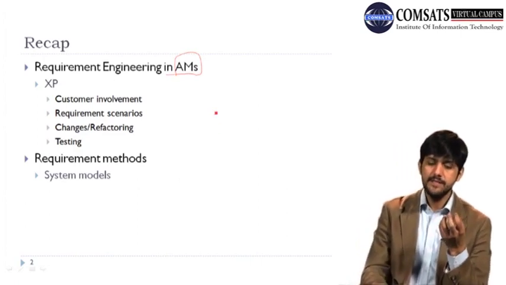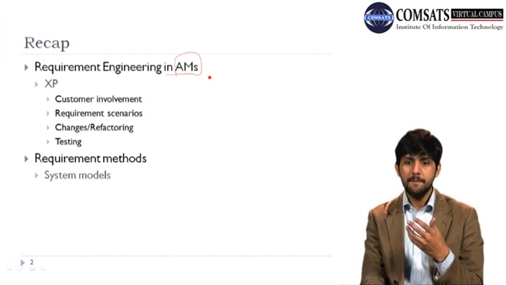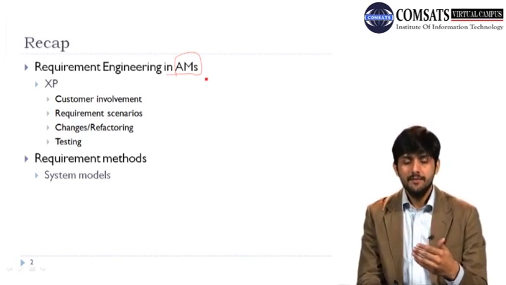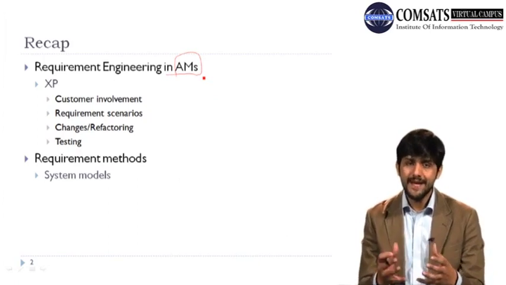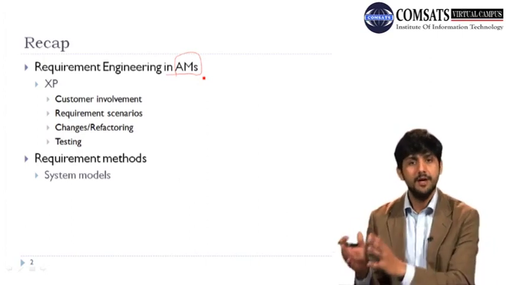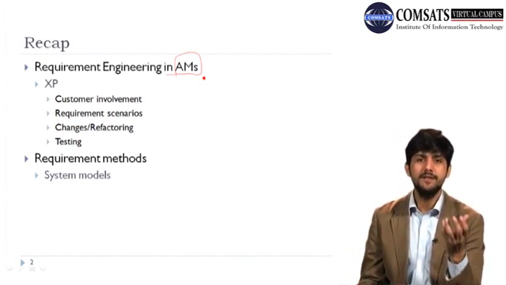As I said, people generally have a wrong perception about agile methods, and they think they are very informal, whereas people who thoroughly understand an agile method know that agile methods are more formal than other models, and we need to stick to the different disciplines of a certain agile method.